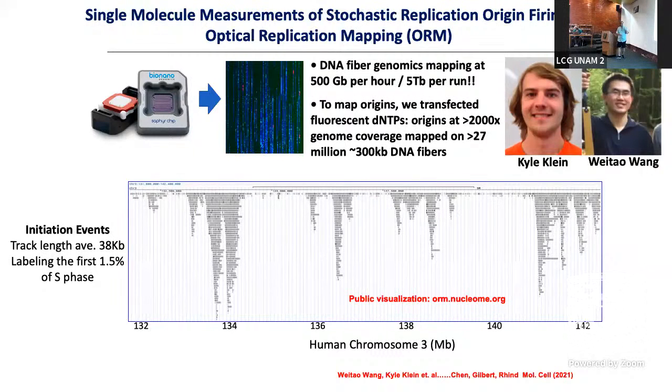And that's what we did, and it worked amazingly well. And we published this paper about a year ago, 27 million DNA fibers. The previous study that had been done in 2012, the biggest study ever done, was done by individually stretching fibers. It had 274 fibers. Okay, so we went from 274 to 27 million with this technology.